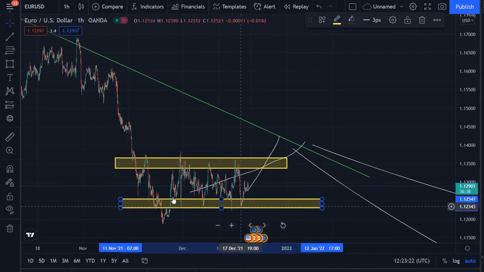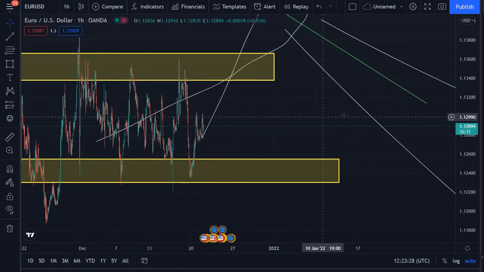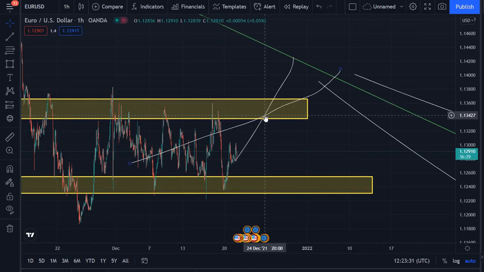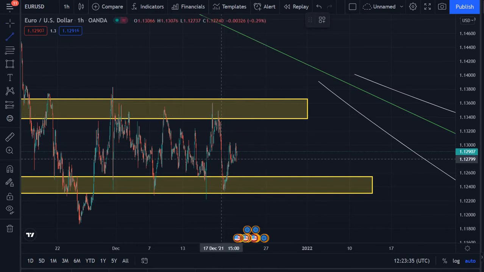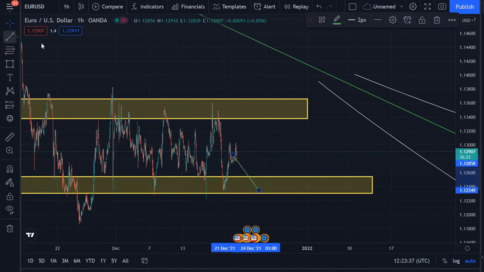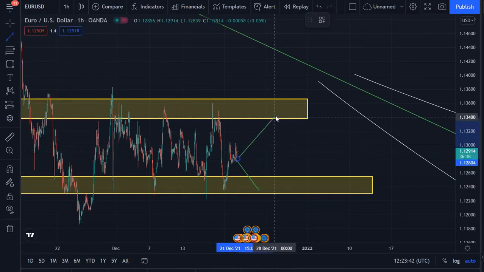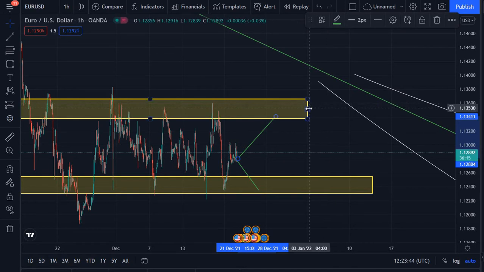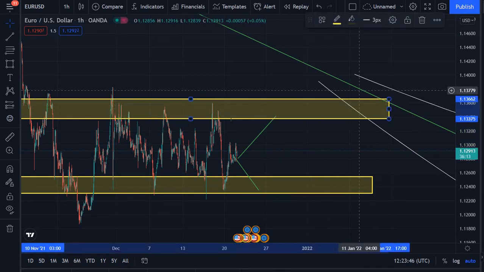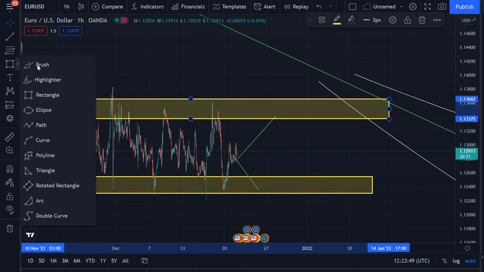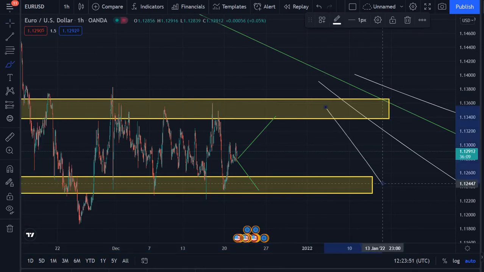Now pretty much in the middle of this kind of mess, so not really something that I'm interested in trading in general, since I like for the market to either reach here or here, but since this area here is close to this trend line, I would here, as I said, look for a short on the 1-hour chart.